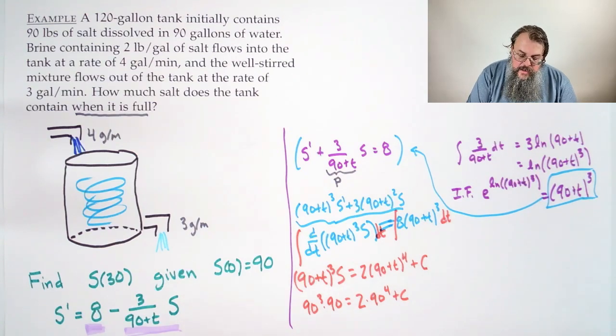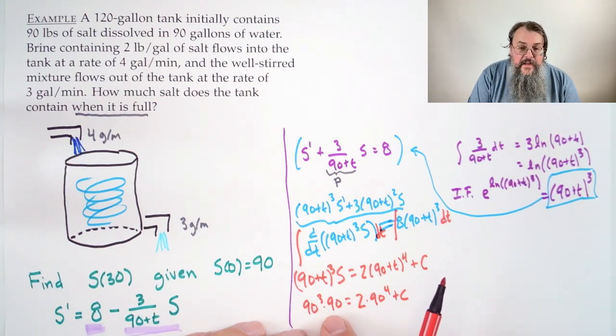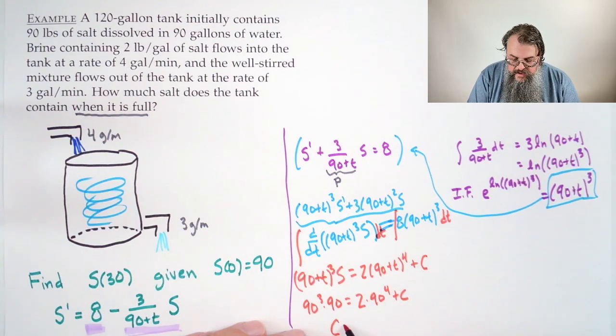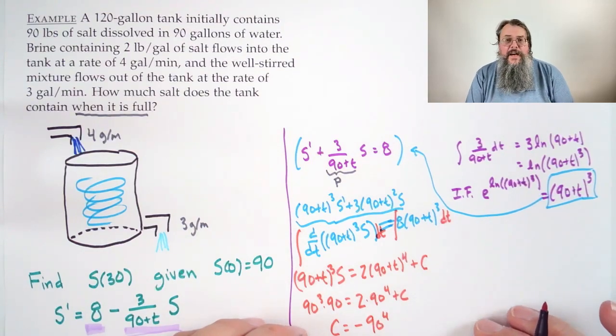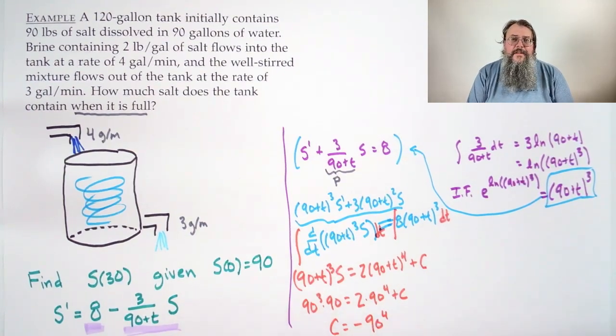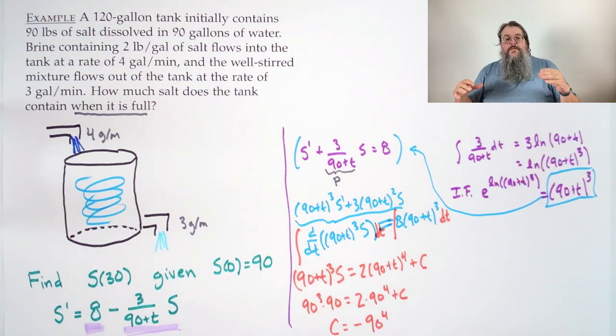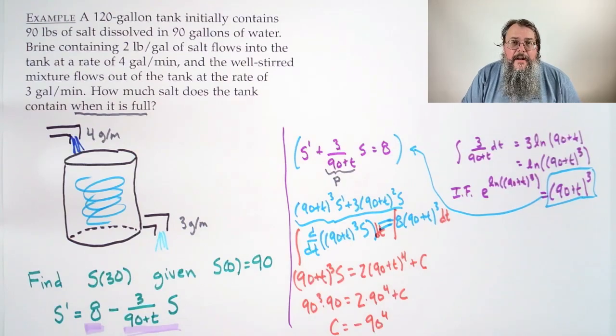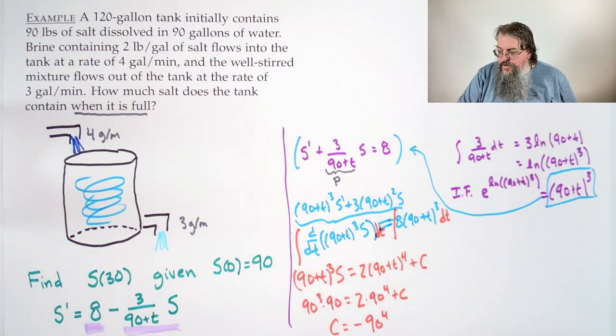Now, 90 cubed times 90 is 90 to the fourth. And here I have 2 times 90 to the fourth. So you can say that c is minus 90 to the fourth. Now, we don't have to figure out what that number is. I mean, it's a number, but we can just say, look, it's minus 90 to the fourth and be satisfied with that. And now, with our c in place, we're ready.